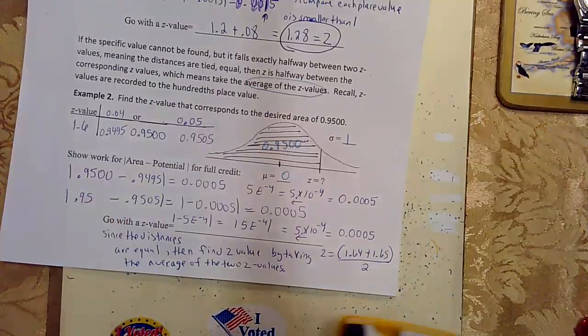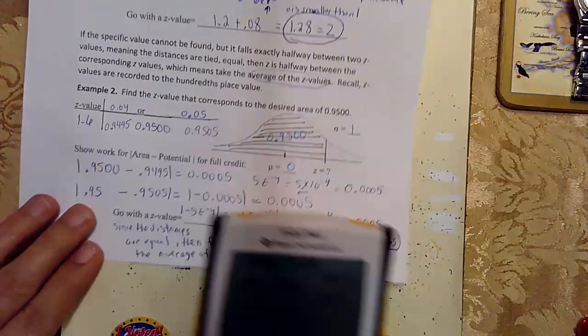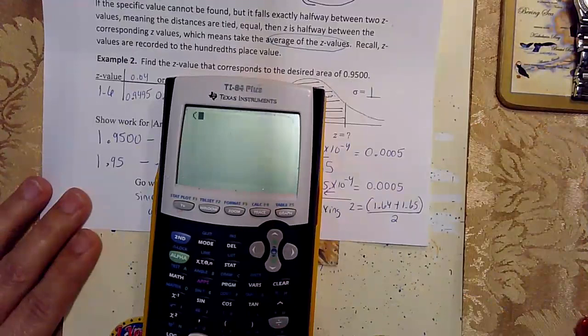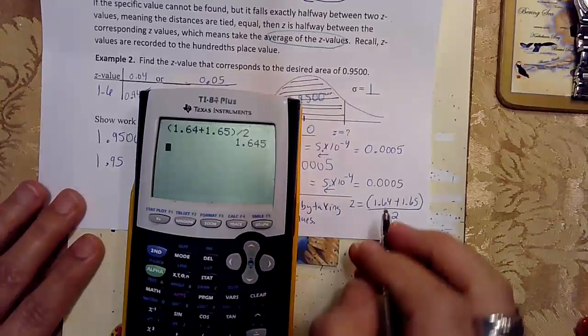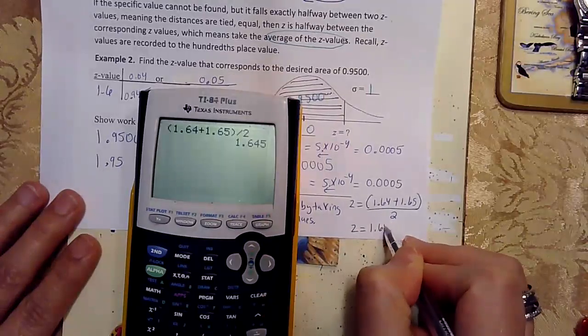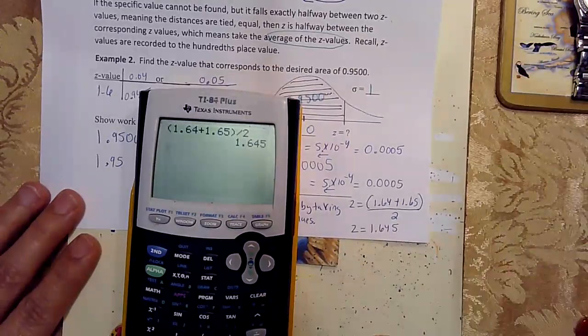So you want to use your calculator for that: parenthesis 1.64 plus 1.65 in parentheses divided by 2. And that gives you 1.645. And then this is a z-score.